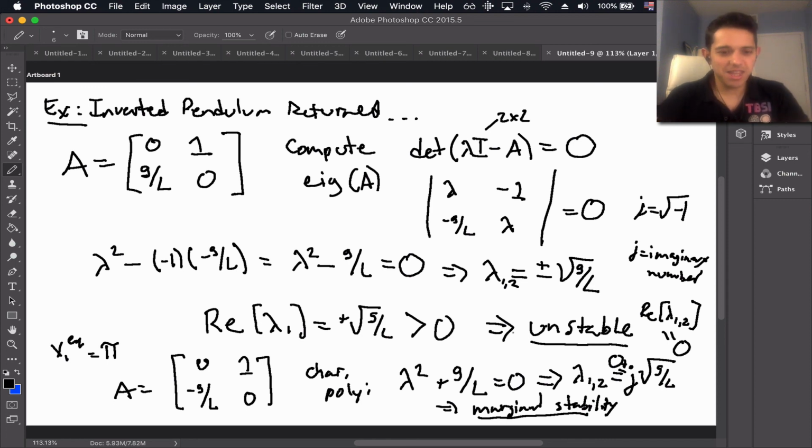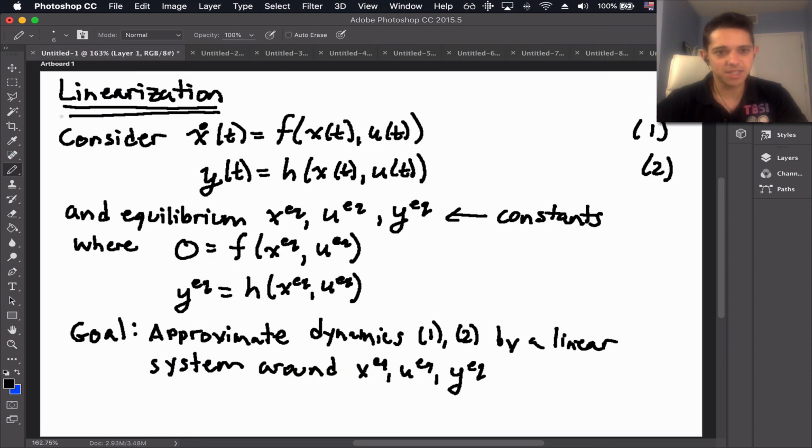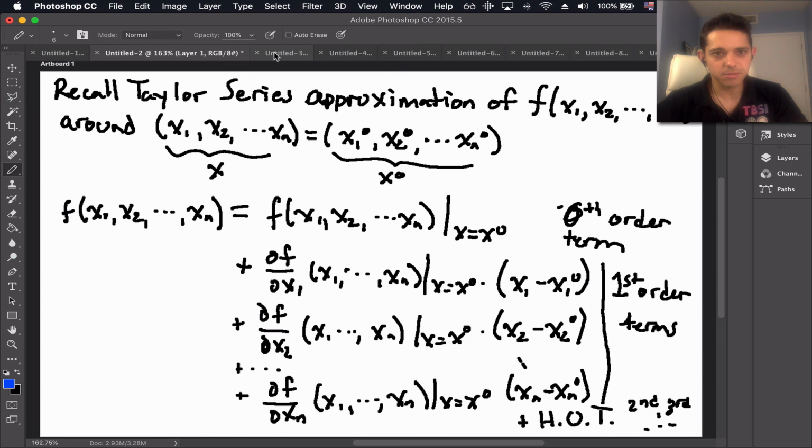All right, so with that, that concludes this modular online video to give you just a bit of extra material on how to do linearization and stability analysis. To review again, linearization is the process of approximating a nonlinear dynamical system like the one shown here by a linearized system.